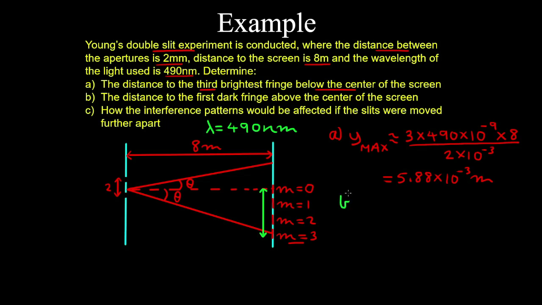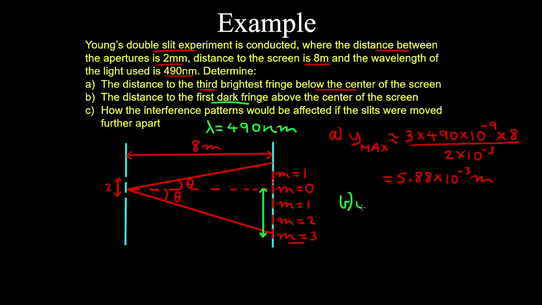Now in part B, we're asked for the distance to the first dark fringe above the center of the screen. So m equals 1 is the next bright spot above the screen, and the dark spot is m equal to 0 plus a half.